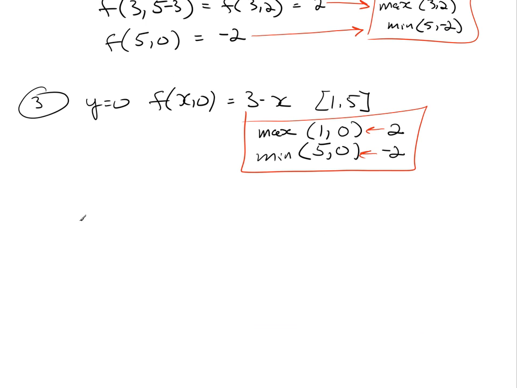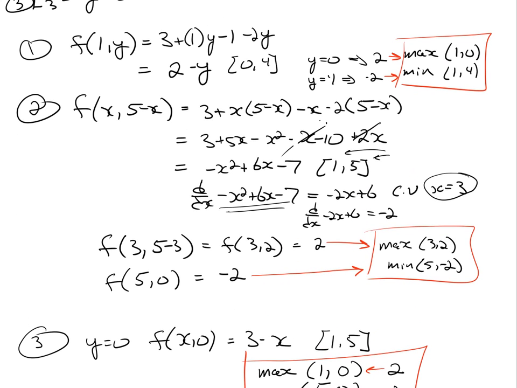We actually have a couple of these. You have an absolute min that's being shared at 5, 0. And what was the other one? 1, 4.